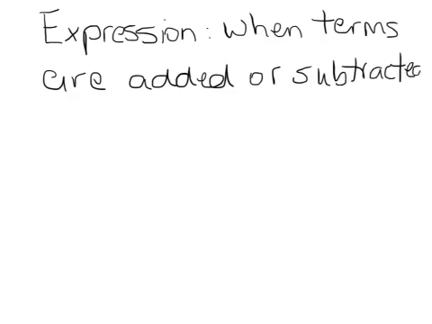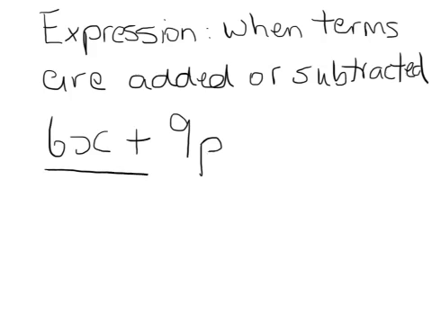Next, expressions. How is an expression different to a term? Well, an expression is when terms are added or subtracted from each other. So if I have a term 6x, and then I add 9p, I now have an expression.